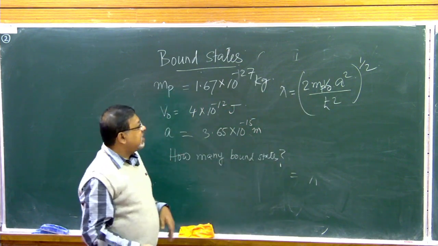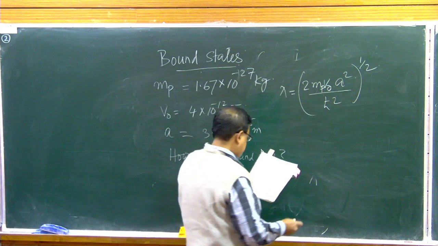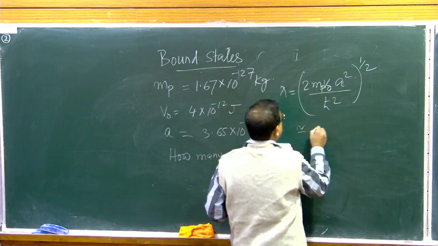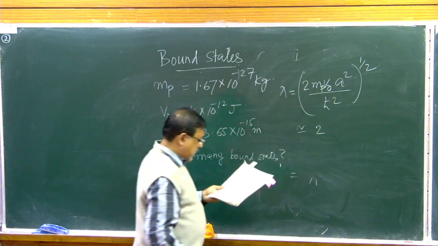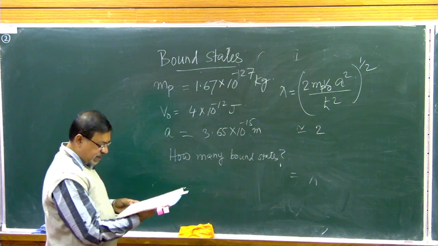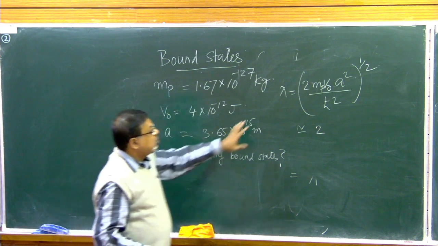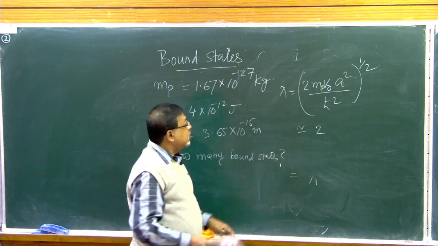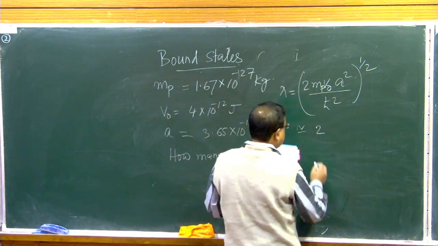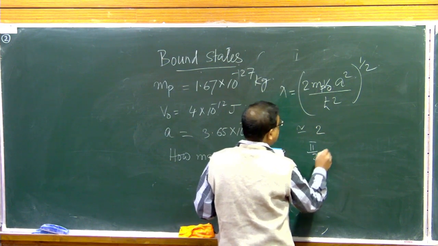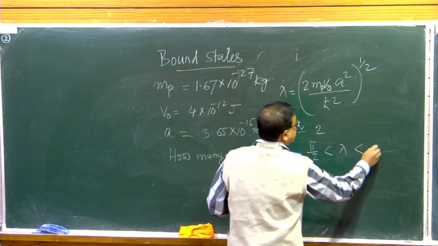A is given, and if you put in all these things, you get this as 2. So that's your value of lambda. This value of lambda of course falls between pi by 2 less than lambda less than pi.